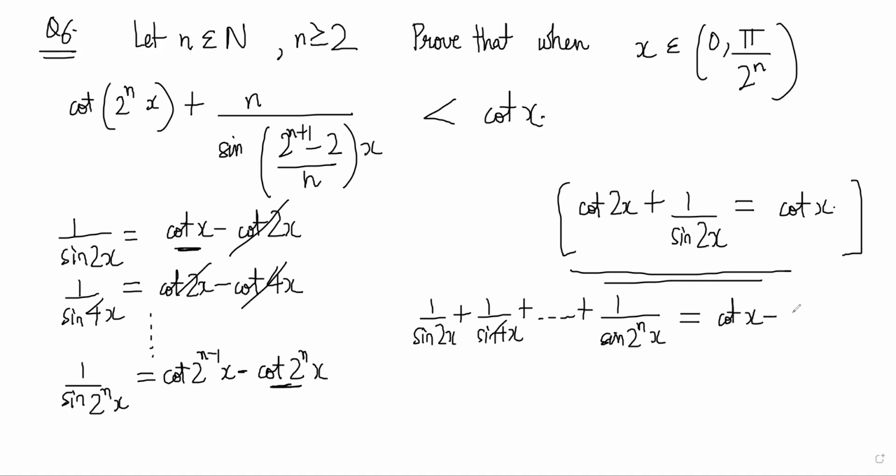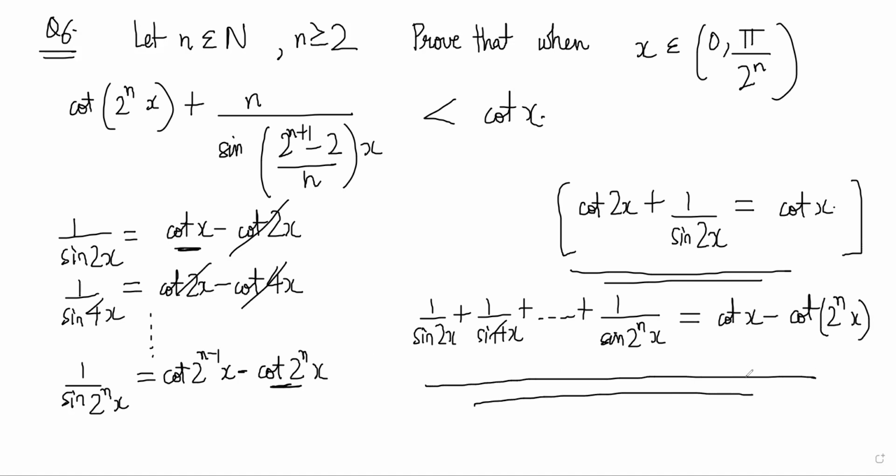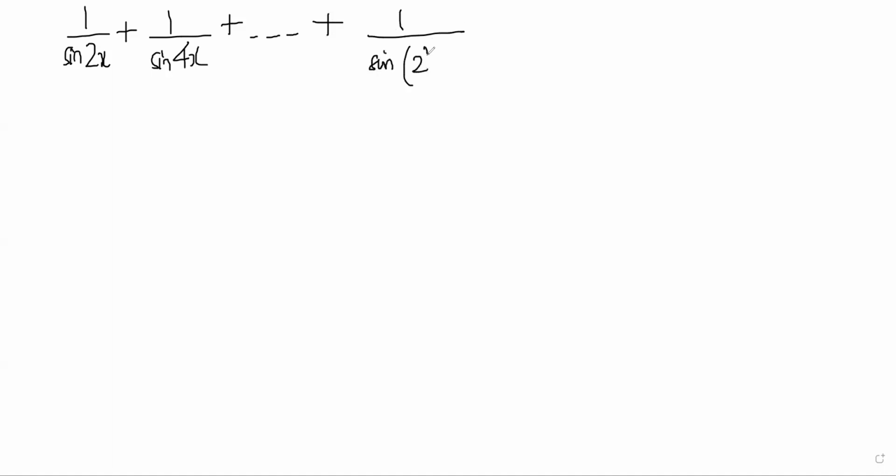So this becomes cot x minus cot of 2 power nx, right? Now this series is what we have right now, so let's write that conclusion: 1 by sine 2x plus 1 by sine 4x till 1 by sine of 2 power nx is equal to cot x minus cot of 2 power nx.